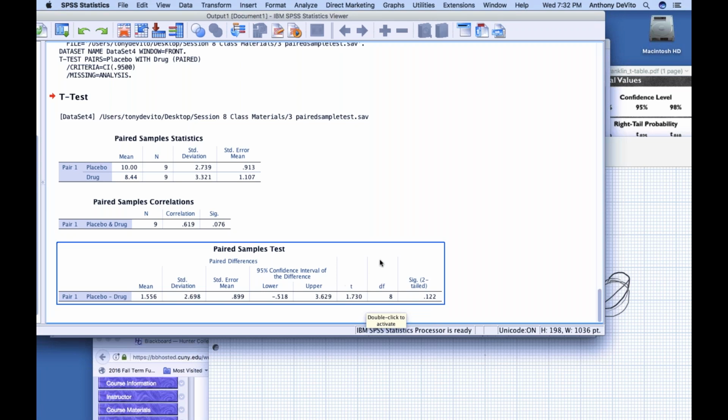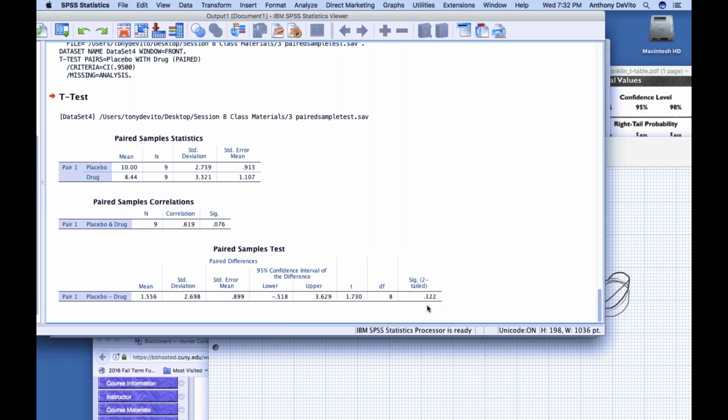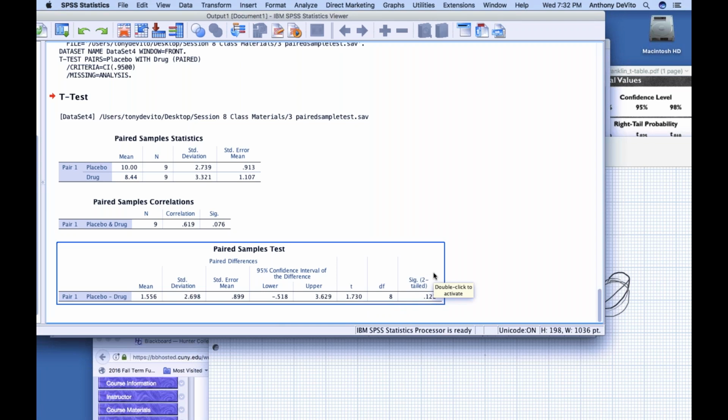Our t does not exceed our t critical, so we fail to reject the null hypothesis. And just to demonstrate that that's really true, our p-value, our probability of being wrong if we reject the null hypothesis, is 12%, which is way more than our tolerance, our alpha, which was 5%.